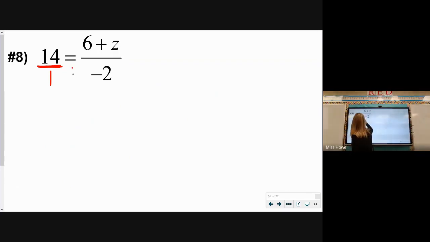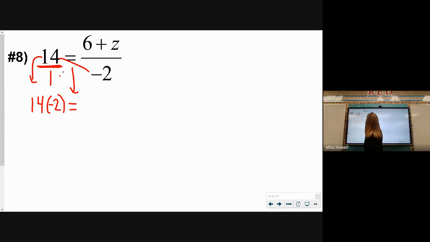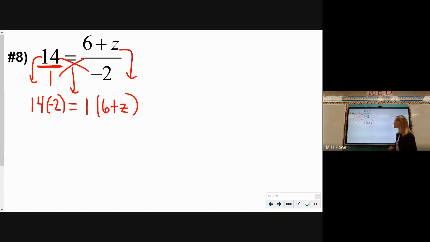So bring down my equal sign, connect our diagonals. So 14 times negative 2 would go in front of our equal sign, and our 1 times the entire thing, 6 plus z, would go behind our equal sign.